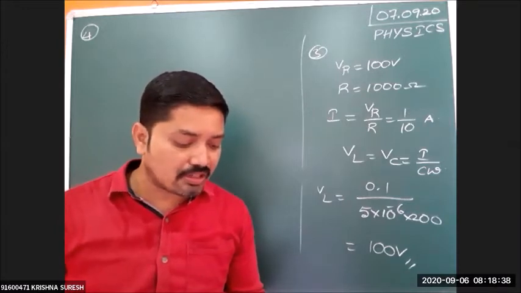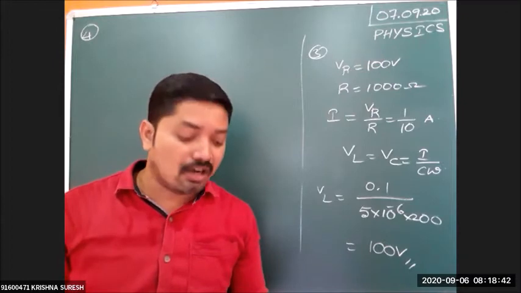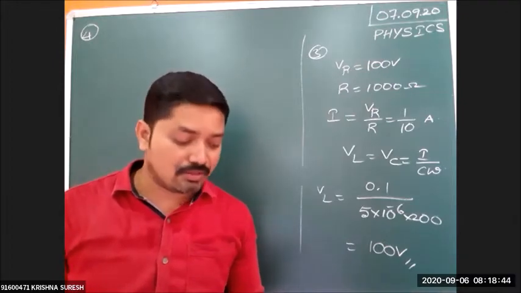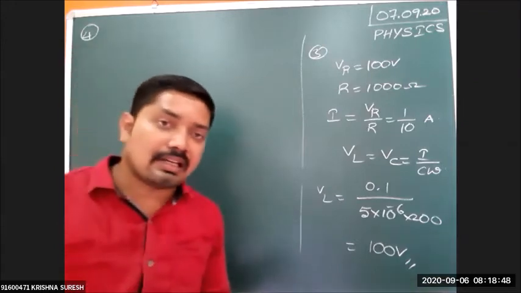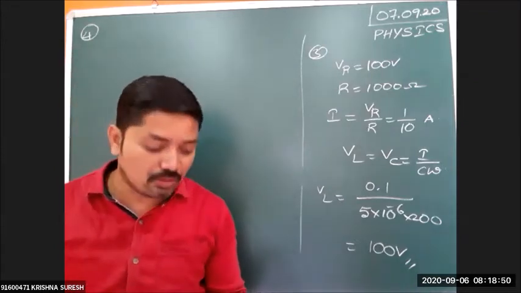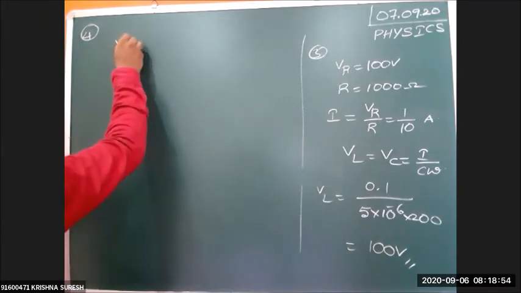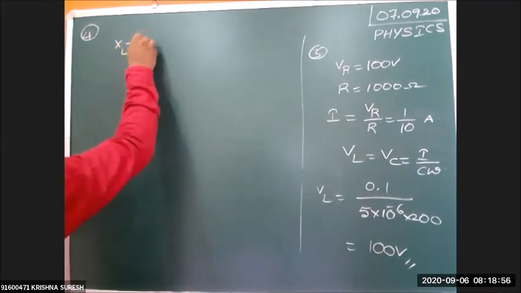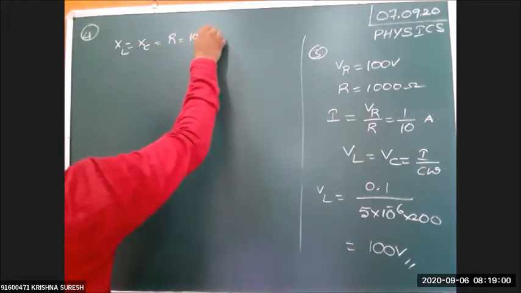Which of the following represents the correct set of readings of voltmeters? So he gave you XL is equal to XC is equal to R, that is 10 ohms.